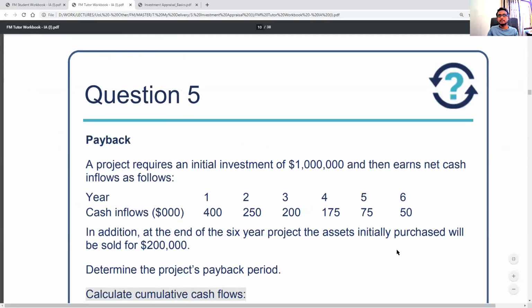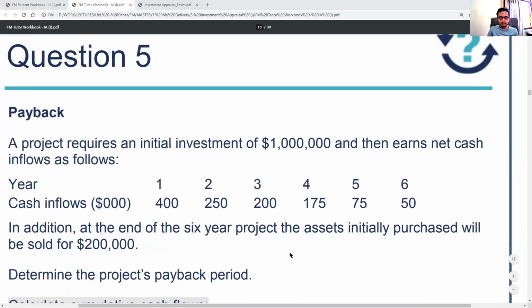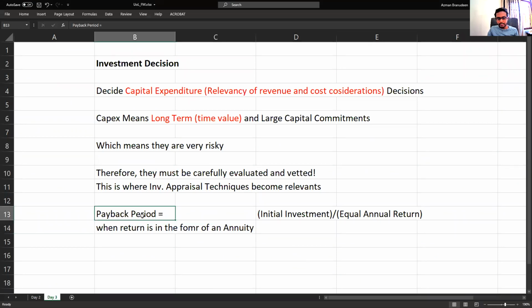So what's the formula again? Payback period, when the return is in the form of an annuity, that is, you're making the same amount of money every year. Simple. Initial investment, so in this case we got 2 million, which is the initial capital investment, divided by 600,000.